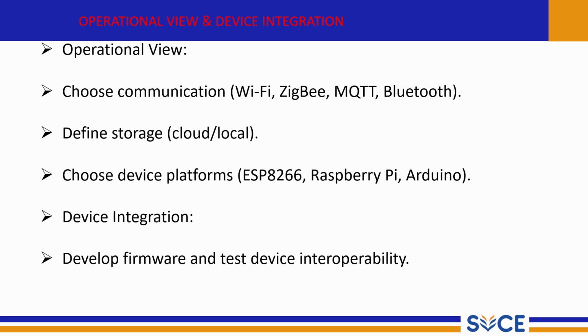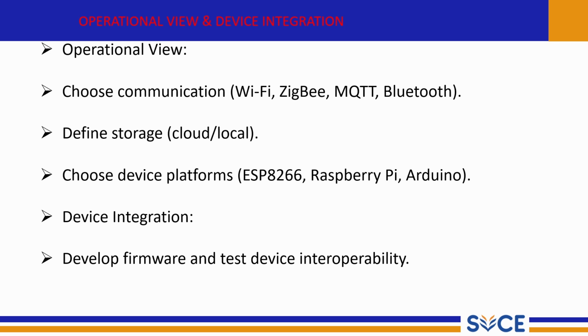Here we have to choose the communication, whether it is Wi-Fi, Zigbee, MQTT or Bluetooth. If it is device to device communication, we can choose Bluetooth. If it is the next level, we can choose Wi-Fi. If it is the highest level, we can choose MQTT.